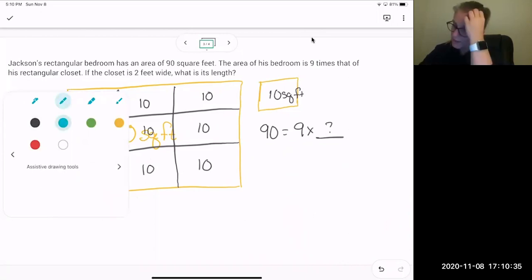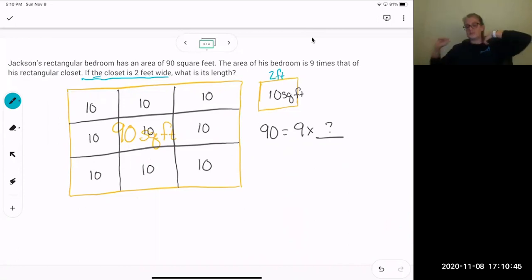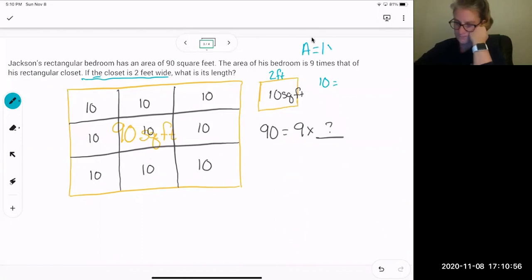Okay, so we're also told that the closet is 2 feet wide. What is its length? So 2 feet. Okay, so if the closet's 2 feet wide, we need to figure out what 10 is our area. Okay, we need to find the length because we're given the width, which is 2 feet.